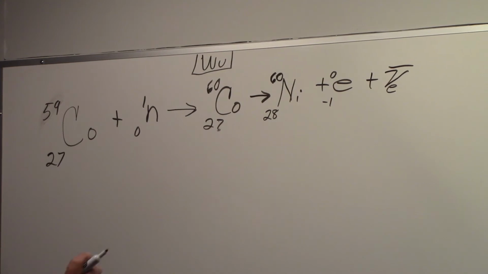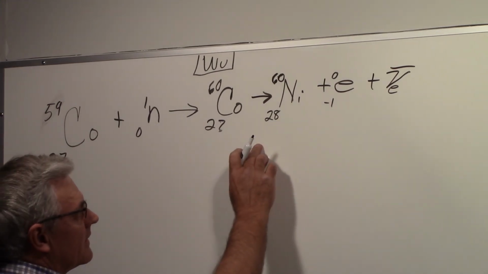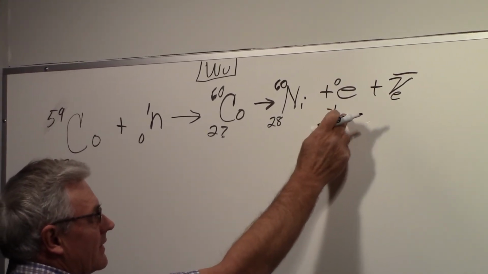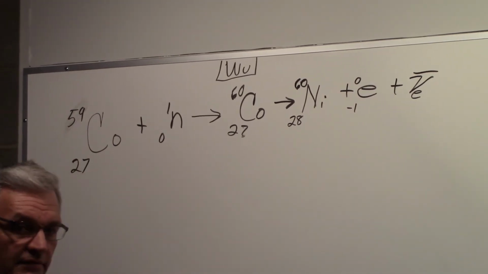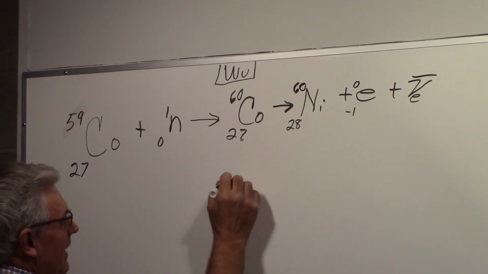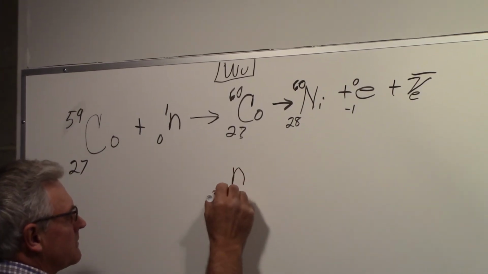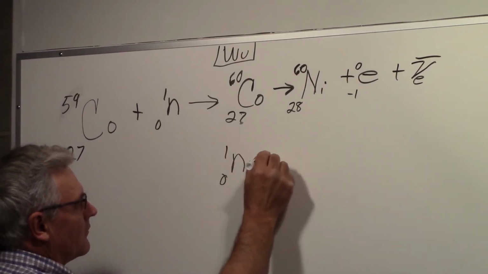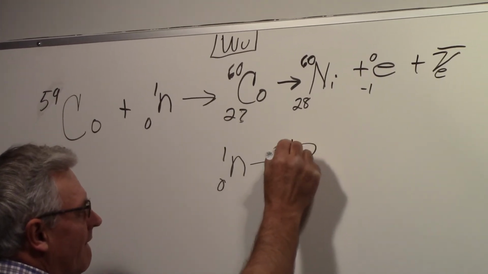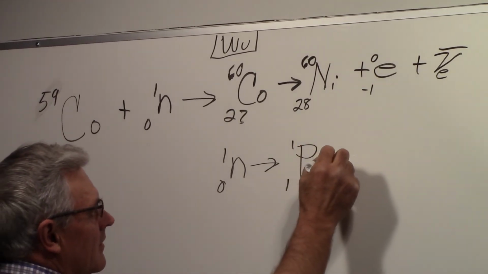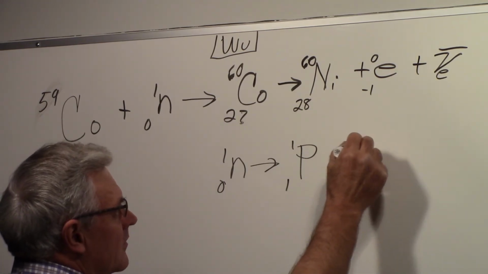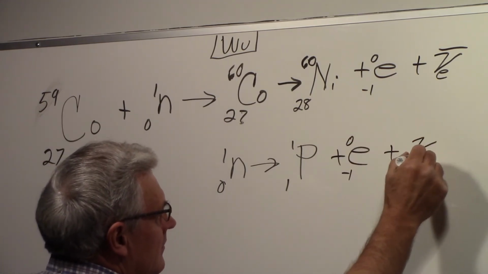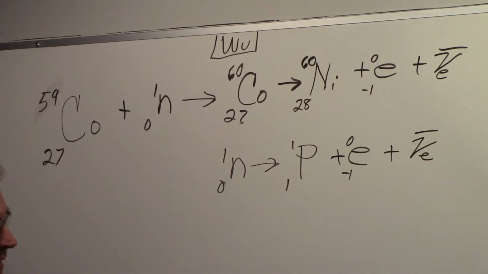And we'll look at this neutron that changes by giving off an electron, and so now we have a proton left. So basically what we have is a neutron going to form a proton plus an electron plus the anti-neutrino.